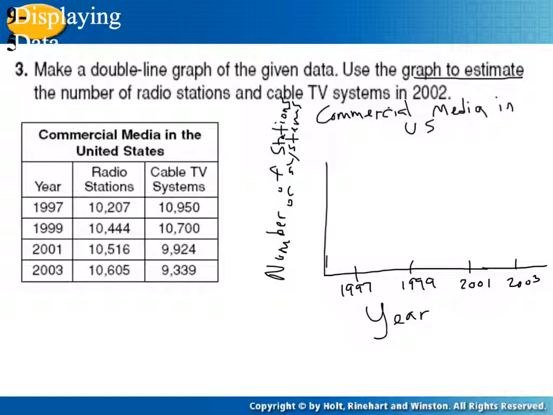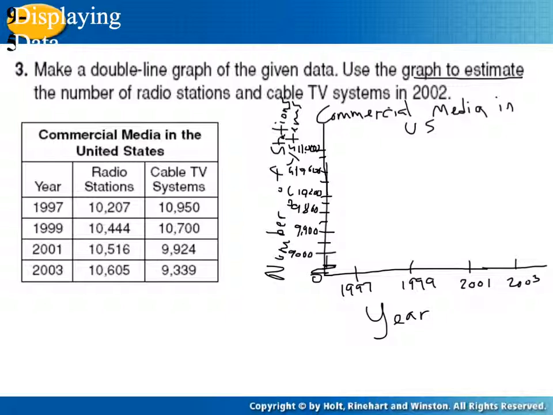Okay? I'm going to make a slight, what's called a break in the graph. It's just like a little squiggly line. This allows me to skip from 0 all the way up to a higher number. And I am going to skip up to 9,000. Okay? 9,000. All right? And instead of going up by just thousands each time, I'm going to go up by 200s and go all the way up to 11,000.